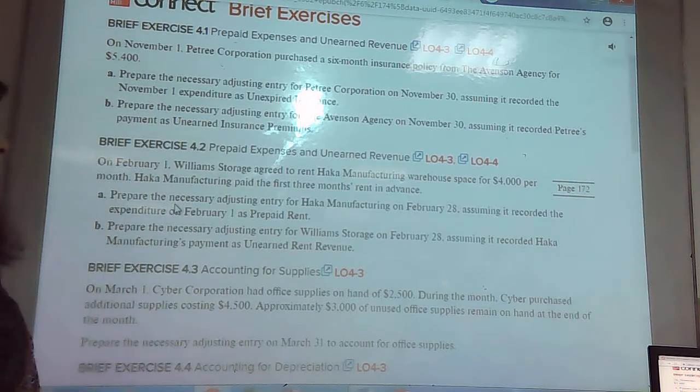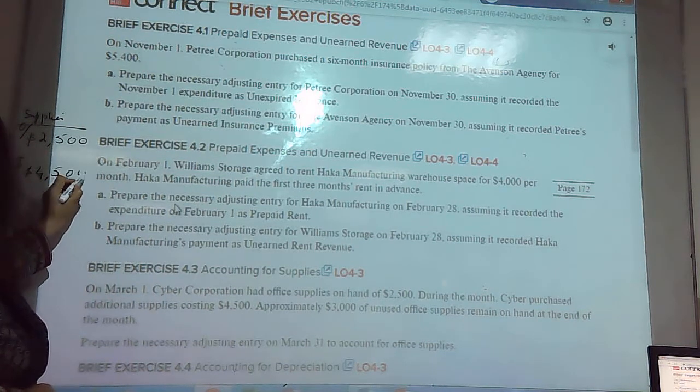During the month, Cyber purchased additional supplies costing $4,500. So now, for the supplies account, the working is going to be opening balance plus purchases.